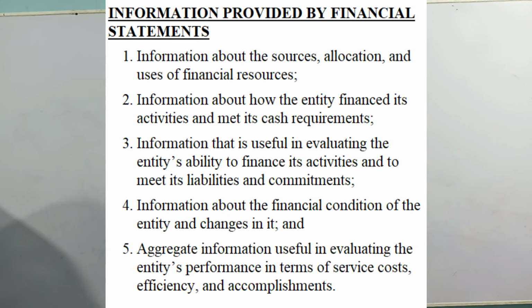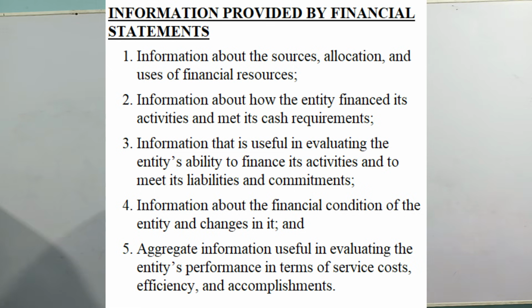And finally, it should provide aggregate information useful in evaluating the entity's performance in terms of service cost, efficiency, and accomplishments. So your financial statement should help us evaluate your efficiency, your service cost, and the accomplishment of the entity. Remember, this is a public sector entity, and so value for money is very important.